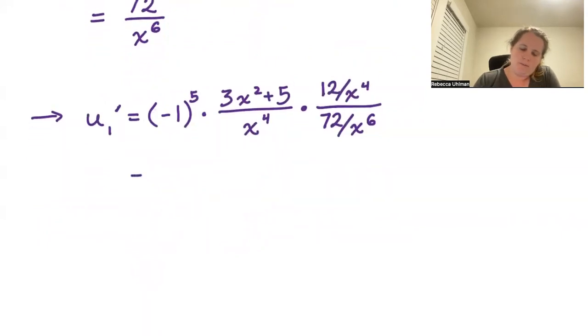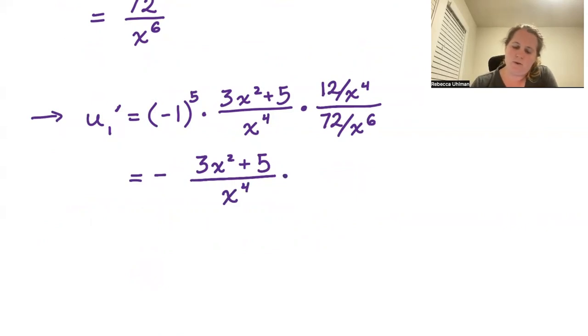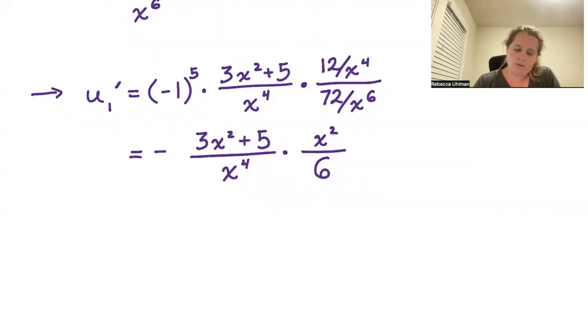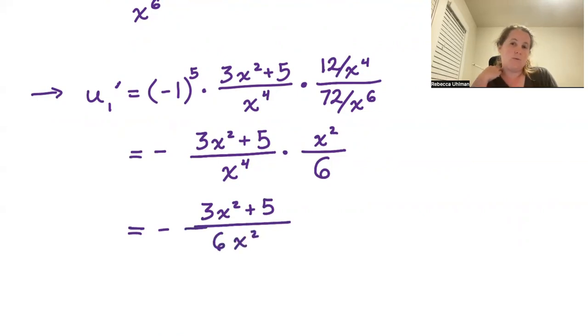So we have our u1 prime as negative 3x squared plus 5 over x to the 4th times 12 over 72, which is just 1 over 6. X to the 6th would move up top, and we'd simplify to x squared over 6. And so we wind up getting negative 3x squared plus 5 divided by 6x squared for our u1 prime.